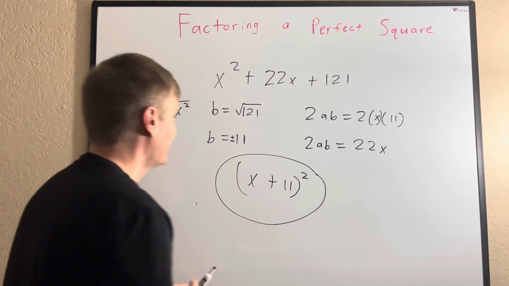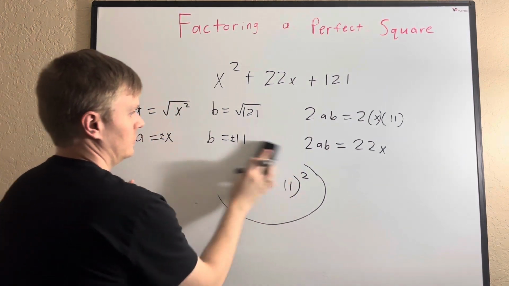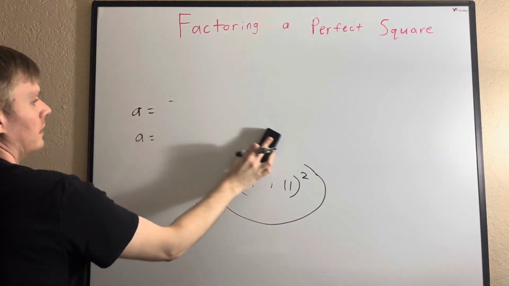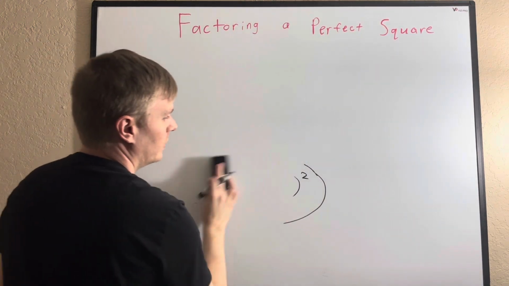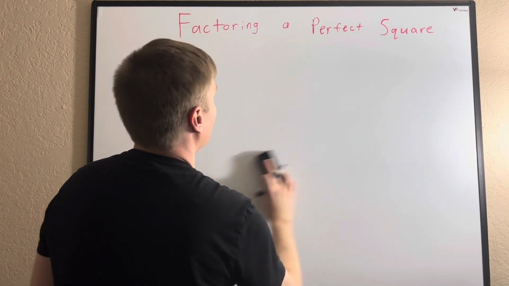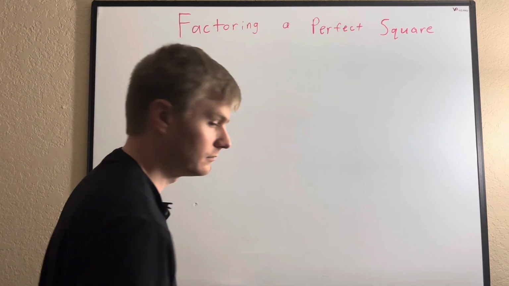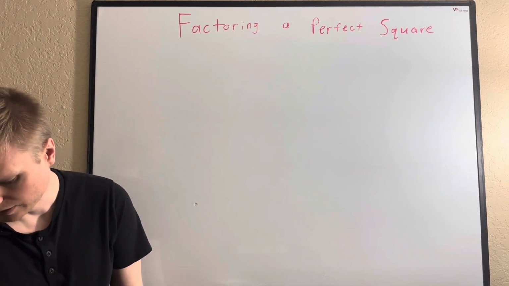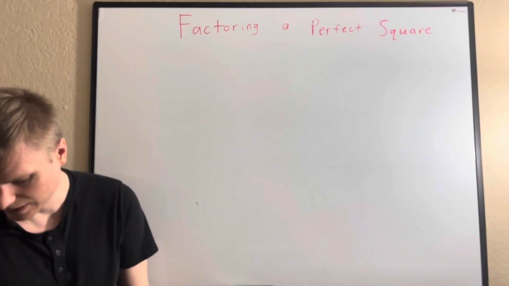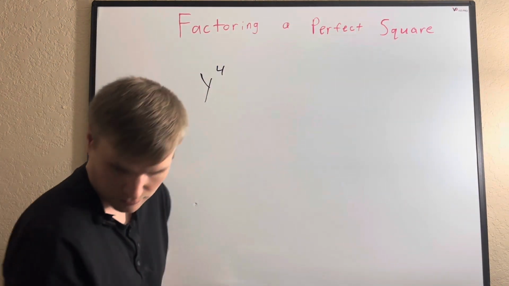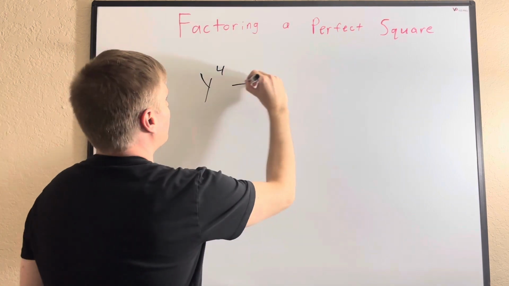Let's do one more because this is just so easy now. Just one more example, because you might get something thrown at you like this in your homework. The important thing is to not freak out, like, oh no, it's not x, it's y.